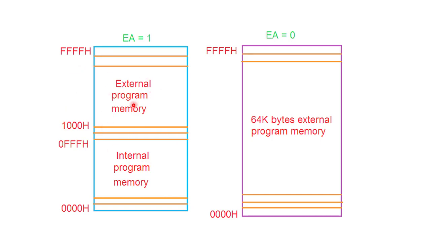To get this option, we can make the EA pin logical high by connecting the EA pin to plus 5 volt power supply. Next option is we cannot use internal program memory. We only use 64 kilobyte of external program memory. So the address of that memory is 0000H to FFFFH. To get this option, we make the external access pin, that is EA pin, become 0. To make the EA pin 0, we connect the EA pin to ground. So in this way, we can use external program memory in 8051 microcontroller.